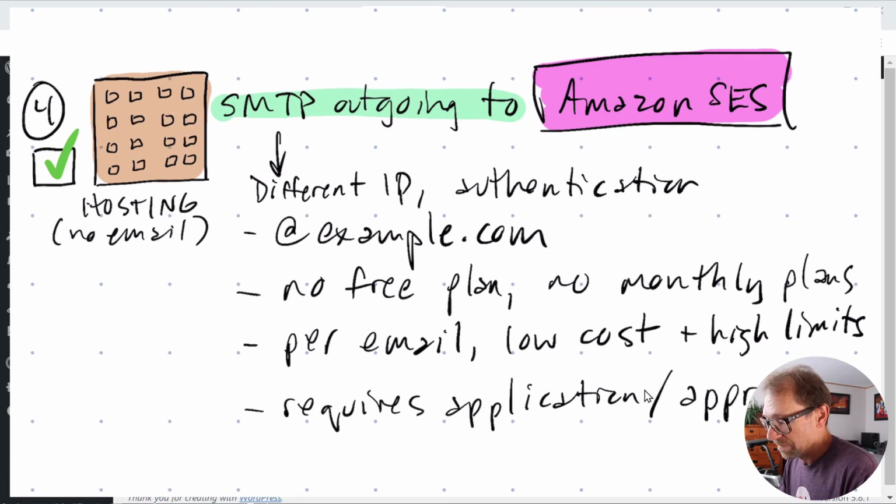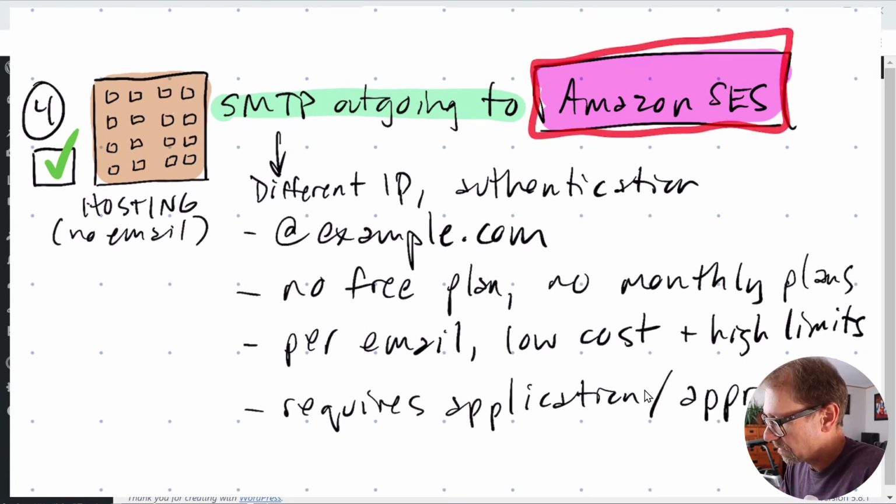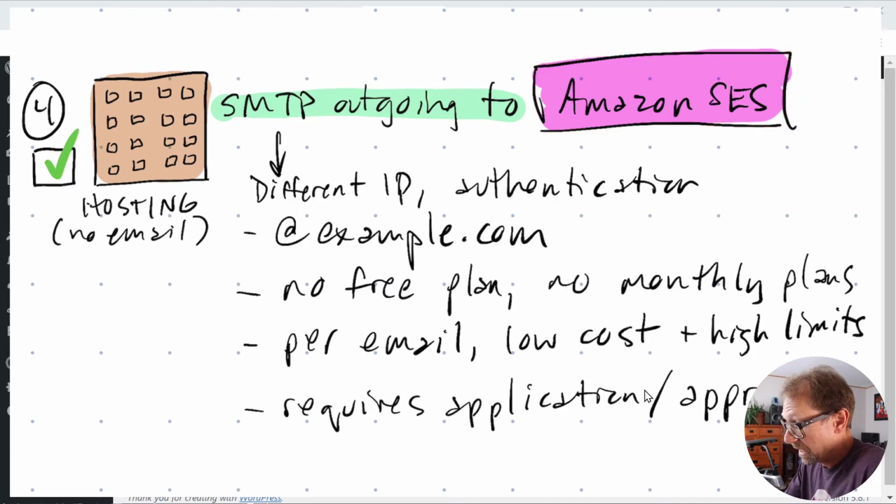The best way. Now, you don't have to use Amazon SES. If you use another type of paid transactional email service, you'll get high limits and you'll get a really protected IP address. And there is a cost associated with it.